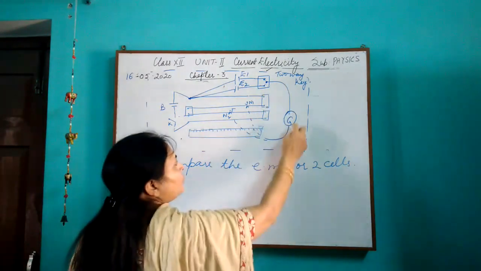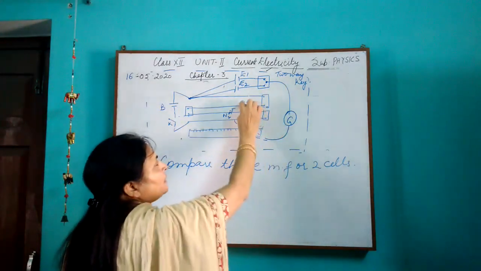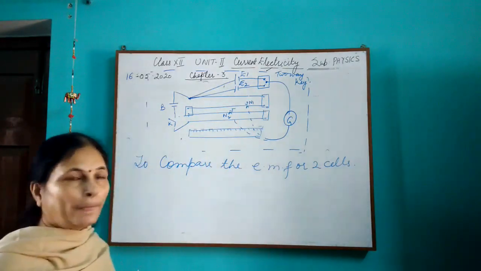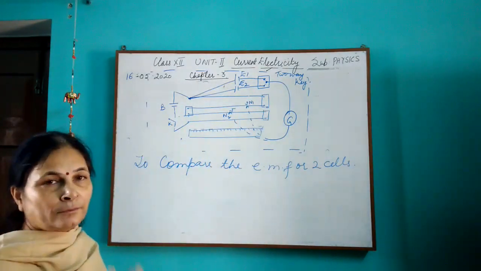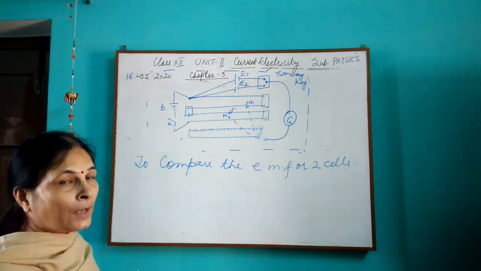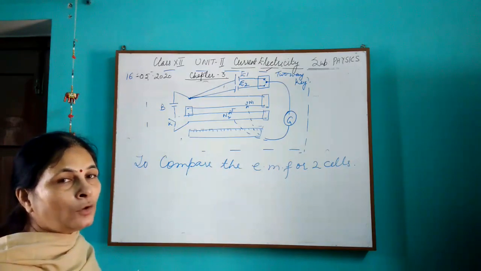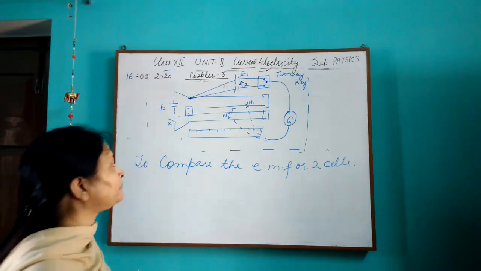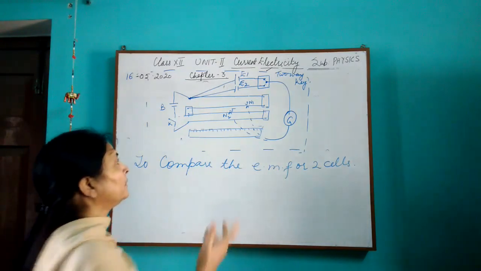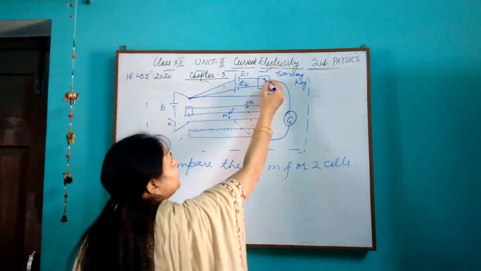The other end of the two-way key is connected to the galvanometer, and the galvanometer is then connected to the jockey. Now what is the principle again? We have said V is proportional to L. That means E1 is proportional to L and E2 will also be proportional to the given length. Now which length? We now will put a key over here.